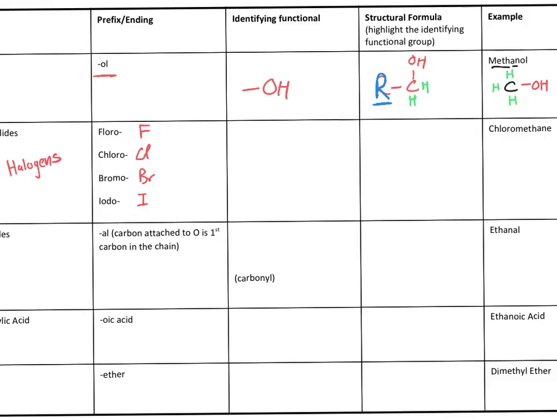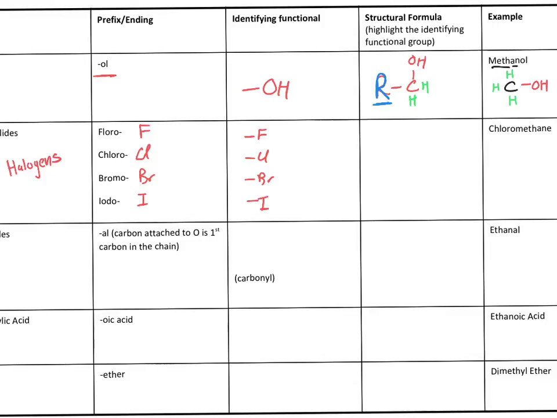And these can appear anywhere on the chain. So the identifying functional group for them would be an F, a Cl, a Br, and an I. Okay?